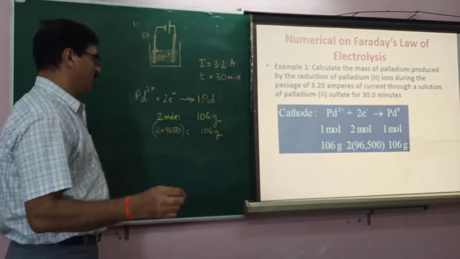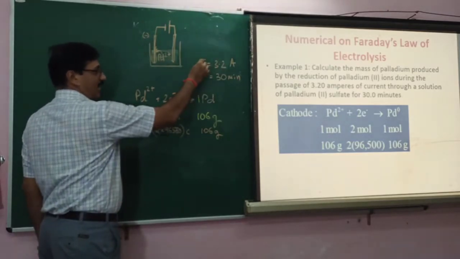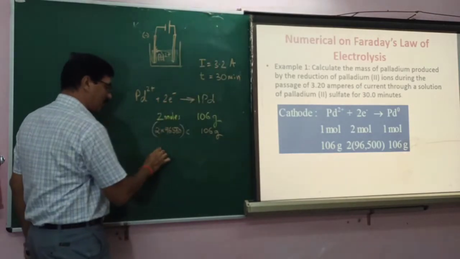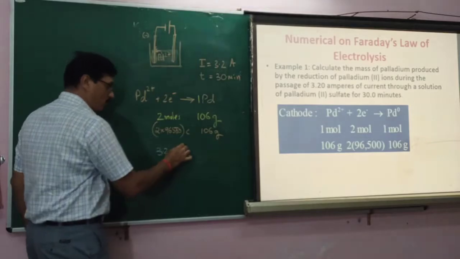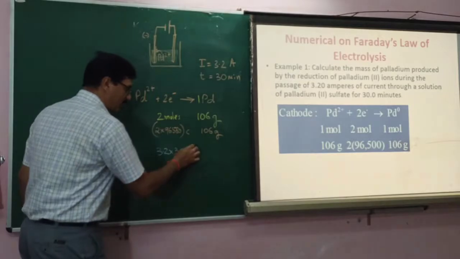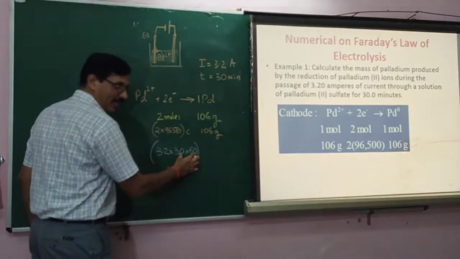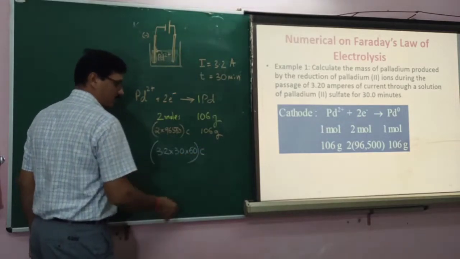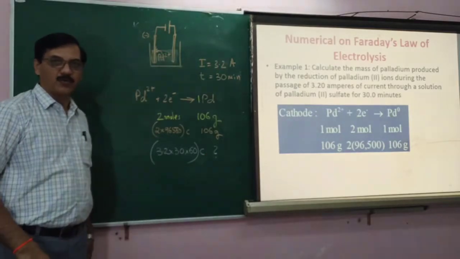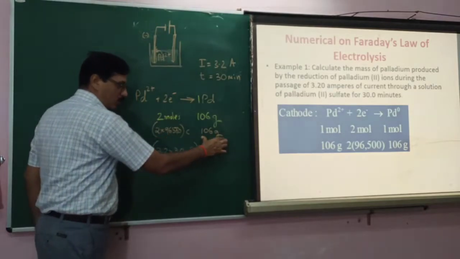Therefore, what is the charge which is passed? The charge passed is I into T, that is 3.2 amperes for 30 minutes. 30 minutes is to be converted into seconds, therefore into 60. Amperes and time in seconds will give you coulombs. If this much charge is passed, how much palladium is produced? 2 into 96,500 coulombs of charge will produce 106 grams.